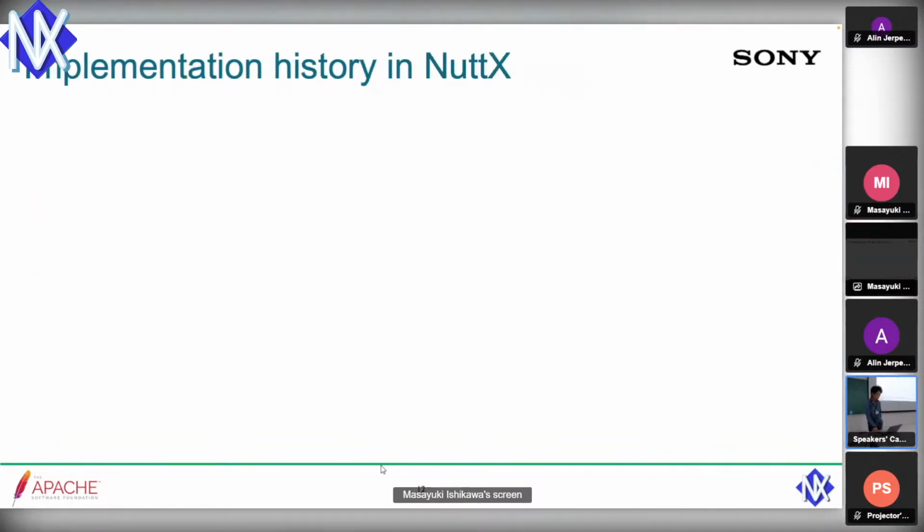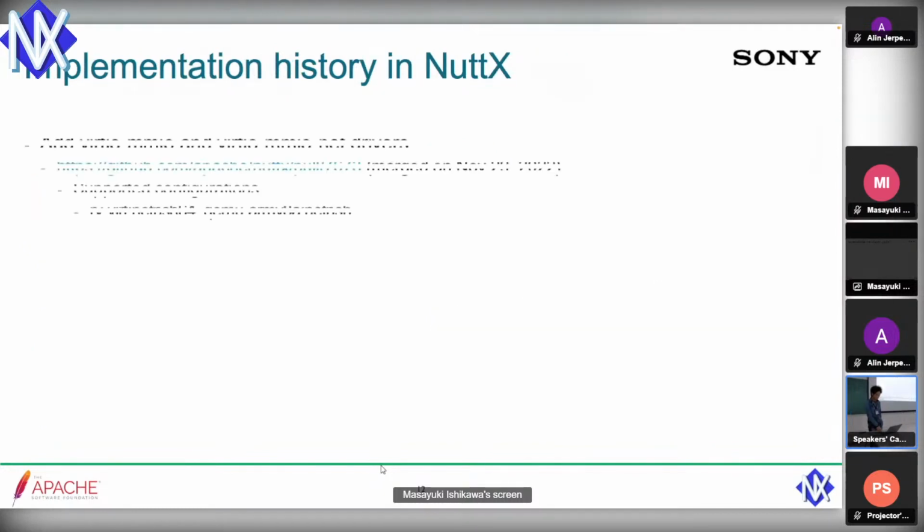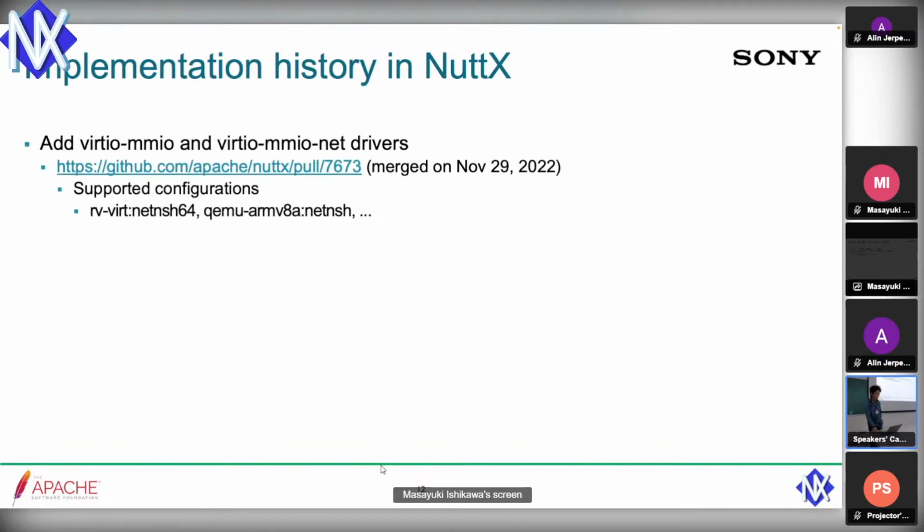And the next slide shows the VirtIO implementation history in NuttX. So I started to implement the VirtIO MMIO net driver from scratch almost a year ago. The implementation was straightforward. And finally, my pull request was merged last November.